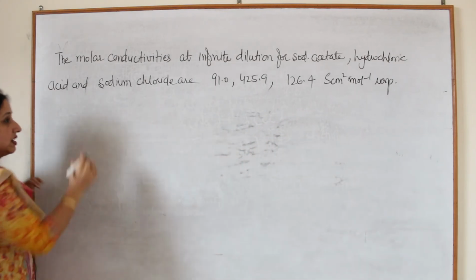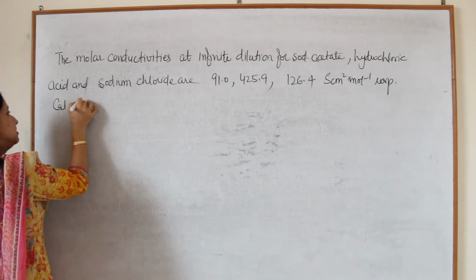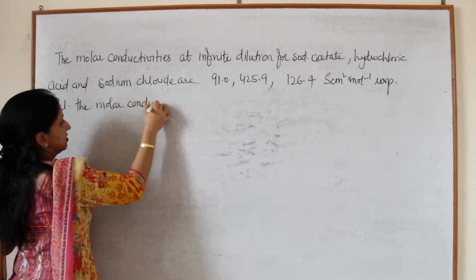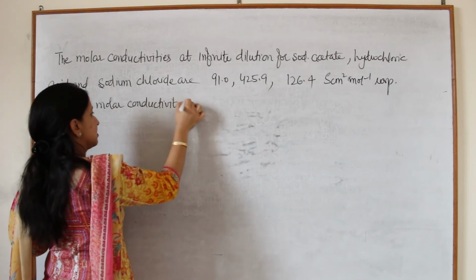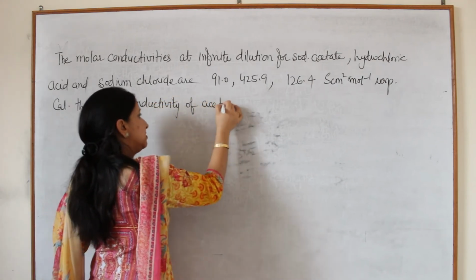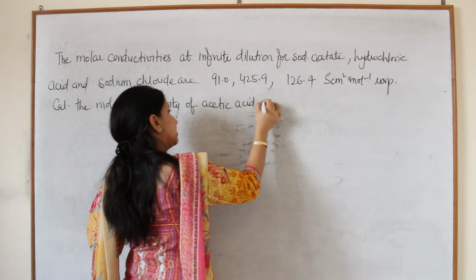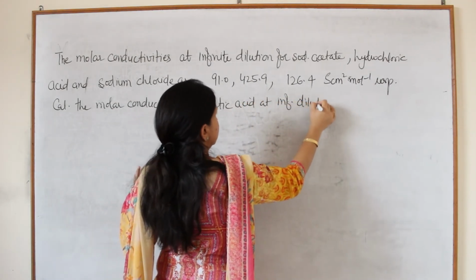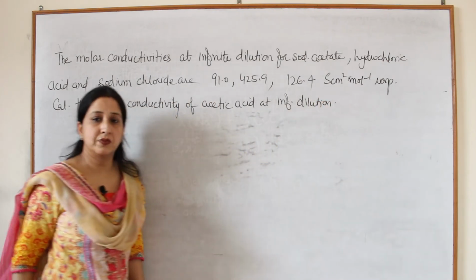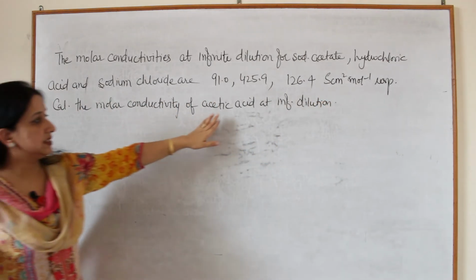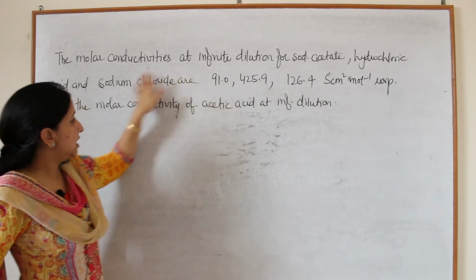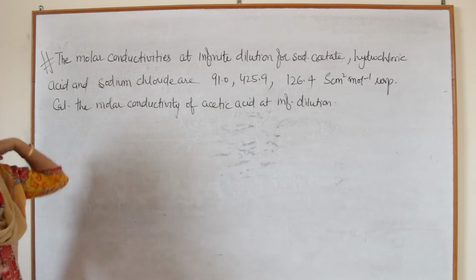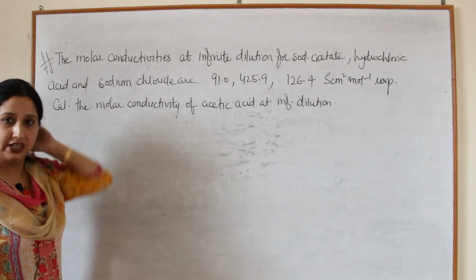Calculate the molar conductivity of acetic acid at infinite dilution. This acetic acid is a weak electrolyte. So with the help of these data, we have to calculate the value of lambda naught m for acetic acid.